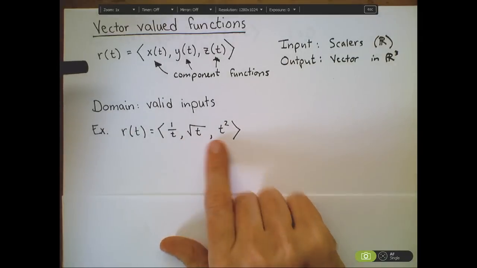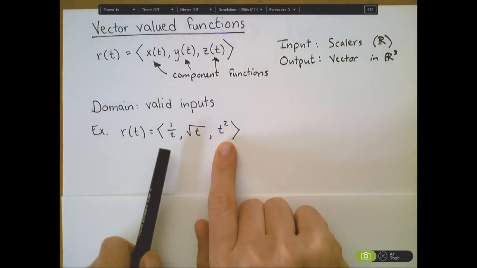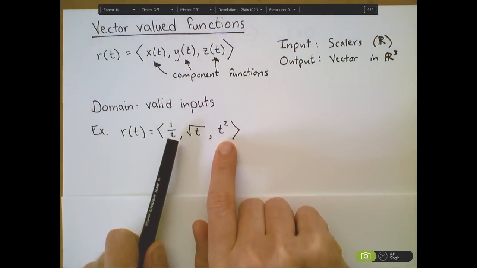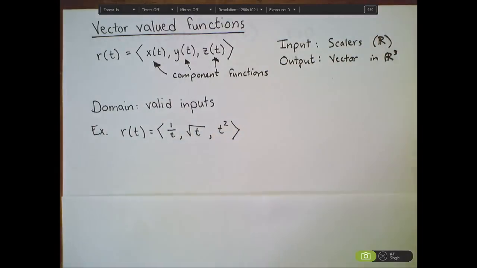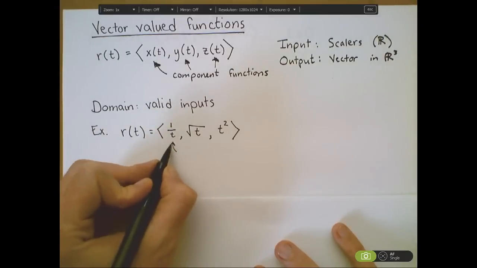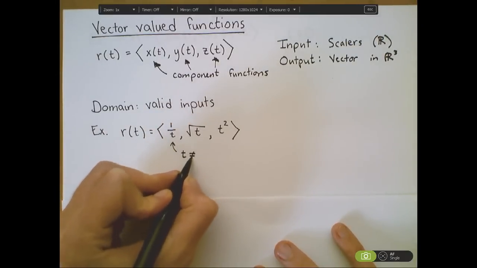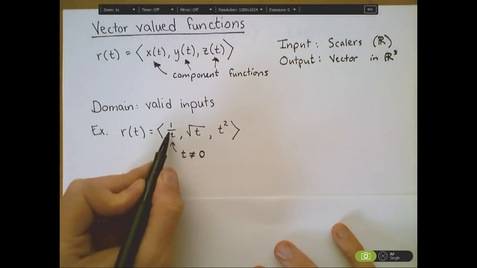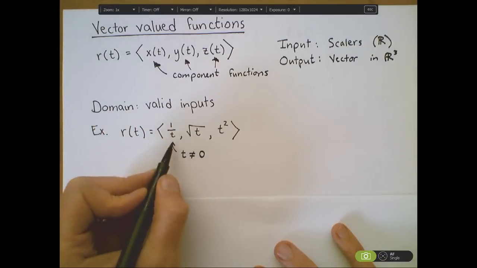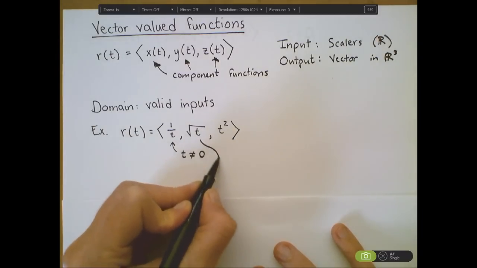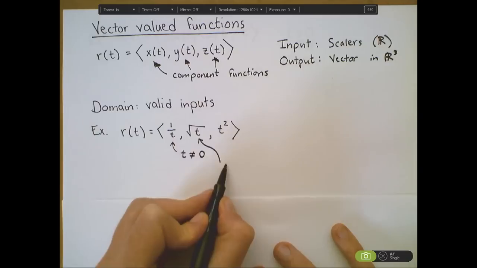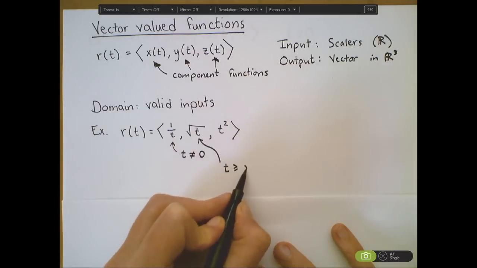So for this function, the domain is going to be the values of t that are valid for each of these functions. For the first component function, we see that t cannot be equal to 0, because if t were equal to 0, then I would get an undefined result, 1 divided by 0. For the second component function, we see that t has to be greater than or equal to 0.